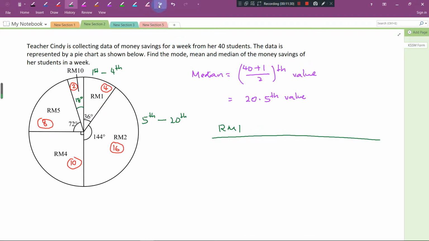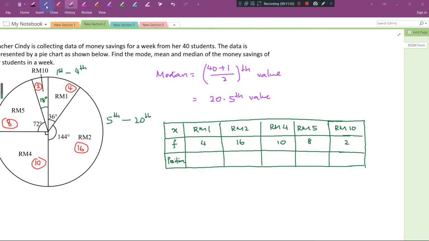Okay, I think I draw a frequency table for you, easier for you to see. So we have a frequency table over here. So now I want to write the position for each data. So the first one, okay, let me use another color. Since the frequency here is 4, so the first one to the fourth will be this data. Same thing, if you don't want to write the th it is okay, because this is just for your own reference. So number 5, okay.